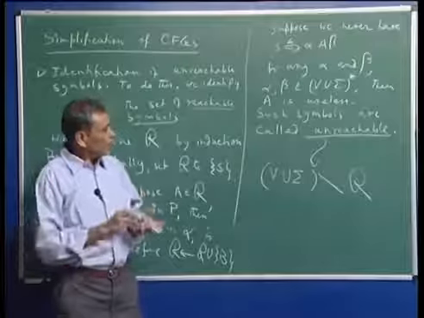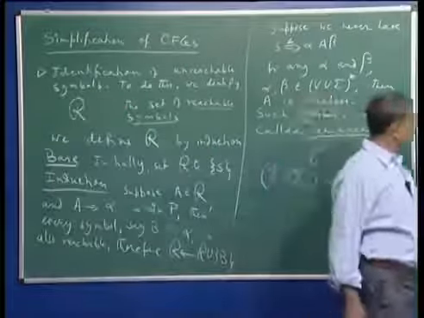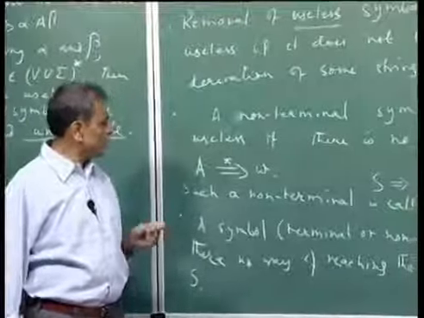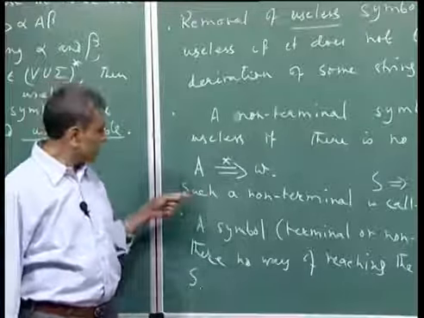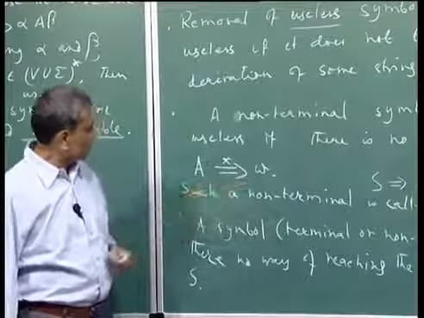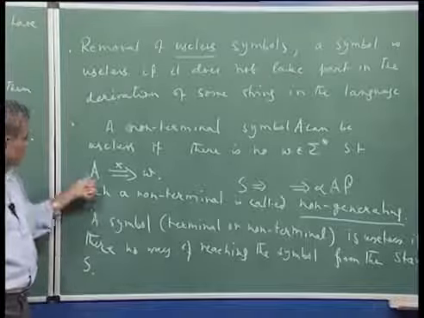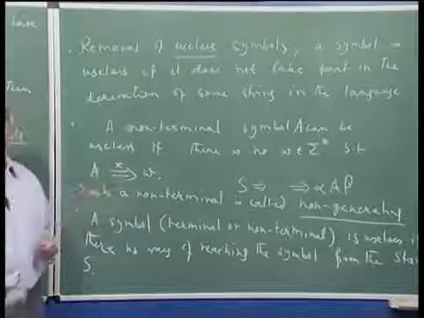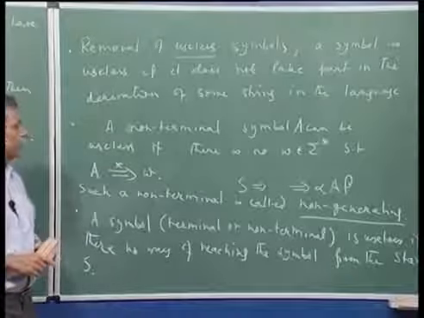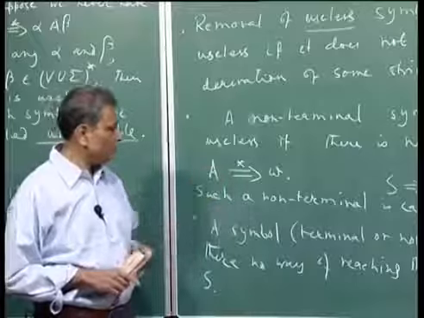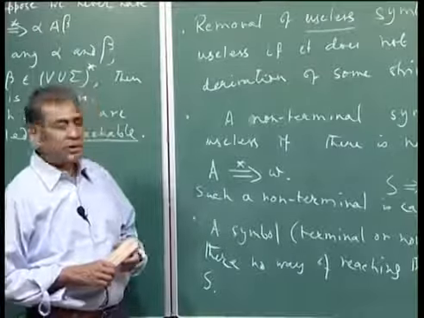And now, we will also need to find out how we can identify non-generating non-terminals. Recall that this is the definition of a non-generating non-terminal, that is, a non-terminal which does not derive a terminal string. We will see now how to identify them.